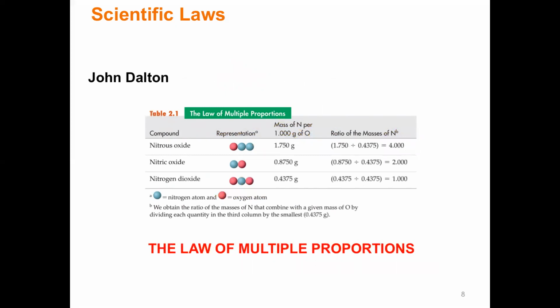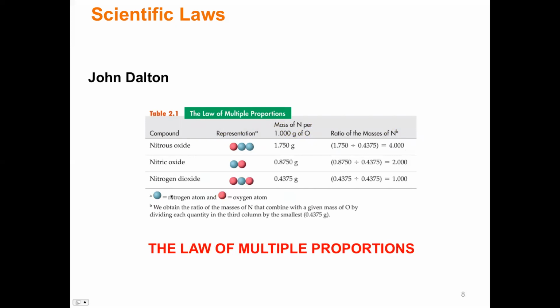So think of carbon monoxide, CO, versus carbon dioxide. If you have carbon monoxide and you keep adding more and more oxygen, up to a certain point you're going to have leftover oxygen, just like we were showing in the law of definite proportions. However, if you get to that magic amount of oxygen, all of a sudden you're going to get CO2, carbon dioxide.